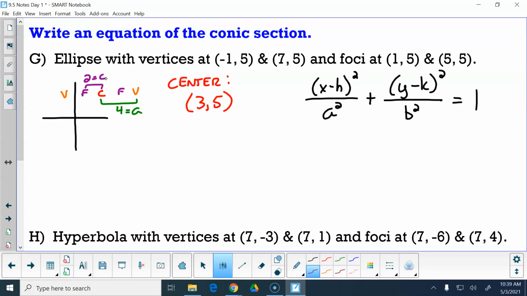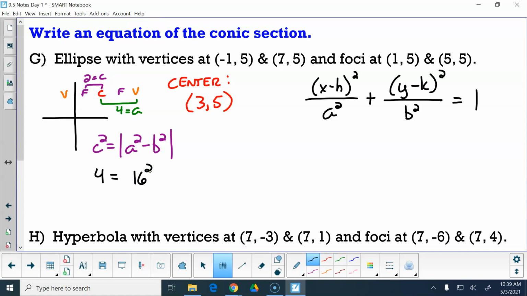The equation was, for an ellipse, c squared is equal to the absolute value of a squared minus b squared. So if c is 2, that would mean c squared is 4. If a is 4, that would mean a squared would be 16.